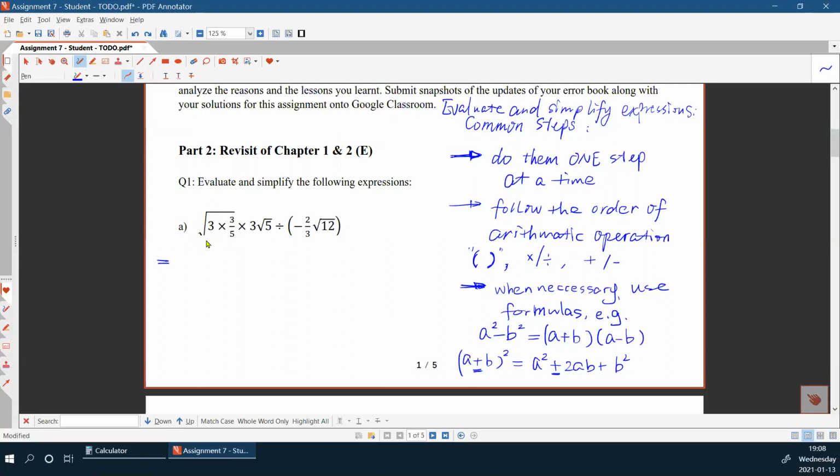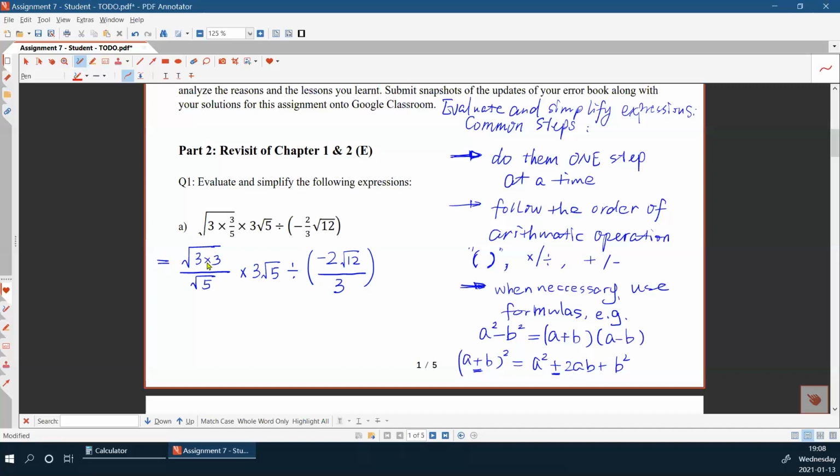So the first term is actually 3 by 3 over square root 5, right? And times, copy this number here, and divided by the next number. Next number is actually minus 2 times square root 12 over 3, right? This is your first step.